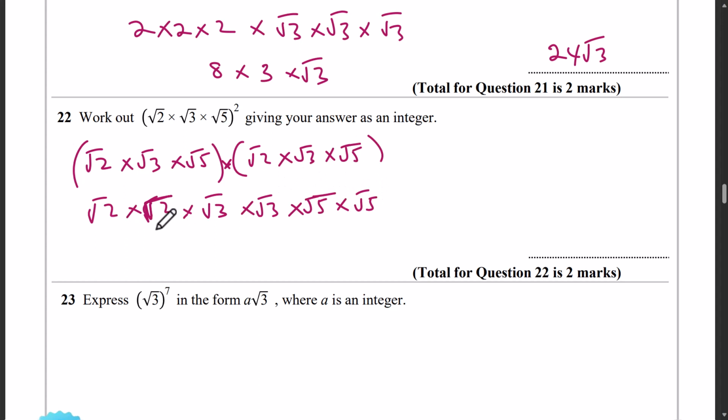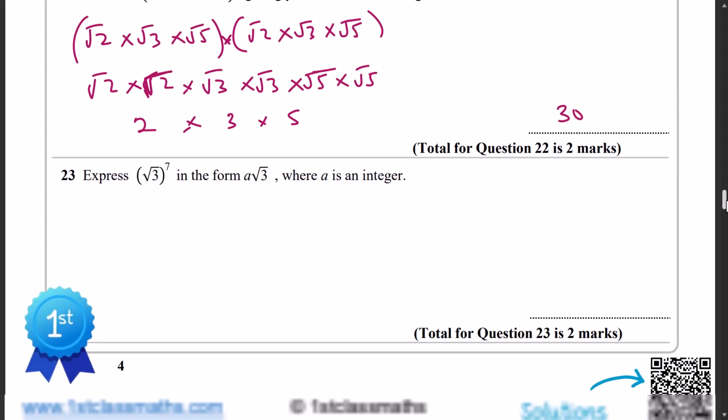So root 2 times root 2 is 2, this is also 3, and this is also 5. If you multiply 2 times 3 times 5, that's going to give you 30. Because root 2 times root 2 is 2. Or you could say root 2 times root 2 is root 4, and square root of 4 is 2, and root 3 times root 3 is root 9, and square root of 9 is 3. Okay, so that's just the way you get this.